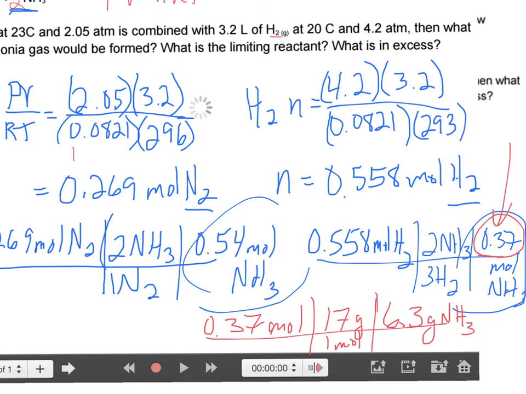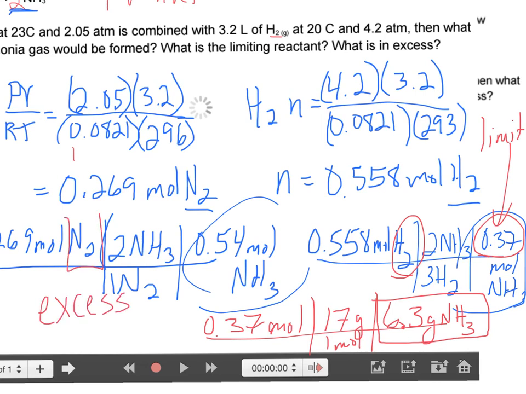So there is my answer to the grams of ammonia, 6.3. My limiting reactant is going to be the hydrogen gas, and my excess is going to be over here. My excess is my nitrogen.